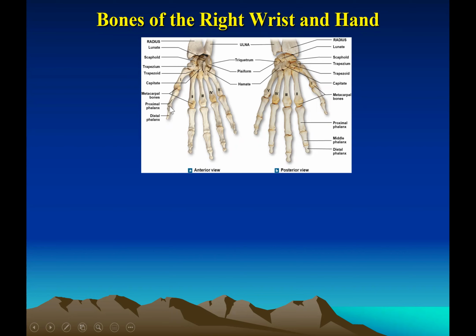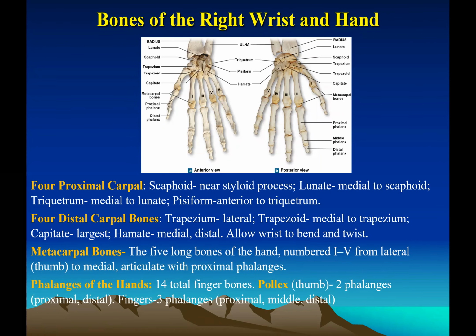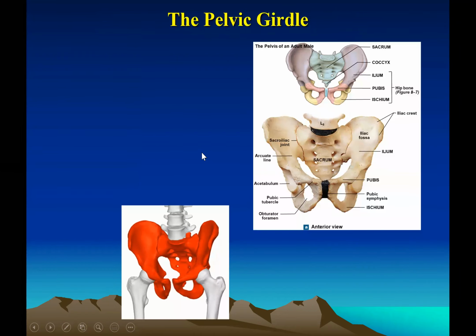Your thumb has 2 phalanges, the proximal and distal, whereas all the other fingers have 3 phalanges: the proximal, the medial, and the distal. So these are the bones that make your wrist and your hand: carpal bones, metacarpal bones, and phalanges.